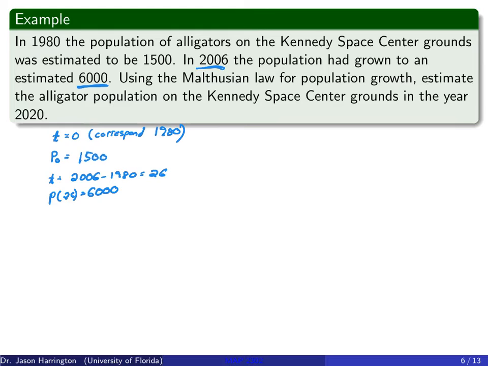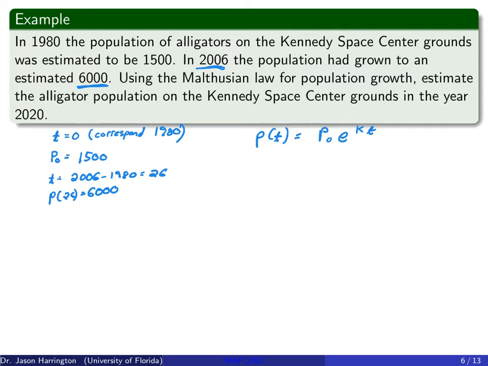Now the nice thing is that once you've solved this thing, basically you can just write out what it's going to be, right? We had the equation p of t is equal to p naught e to the kt.